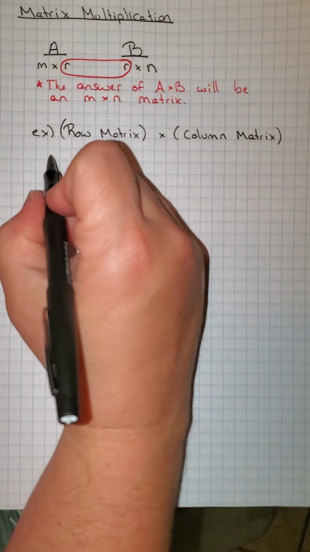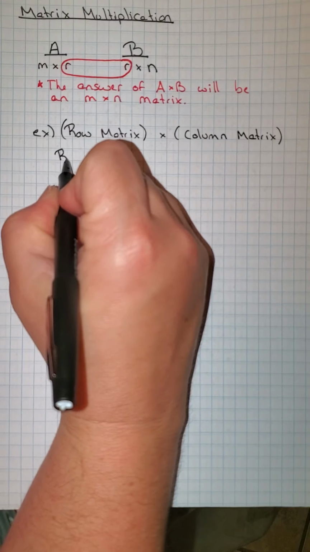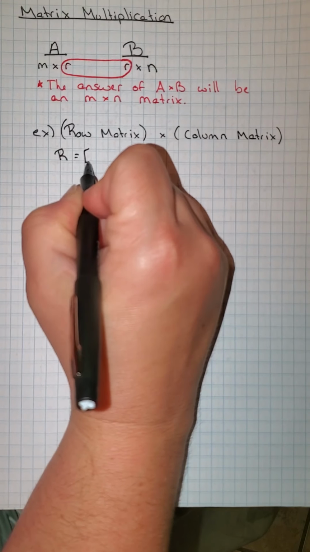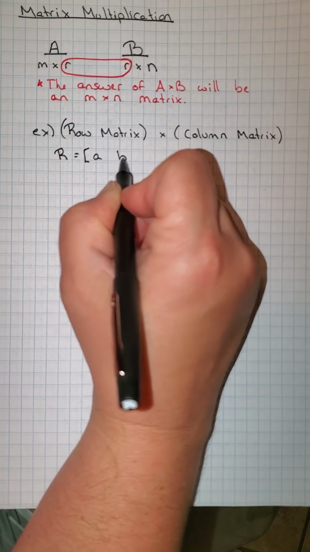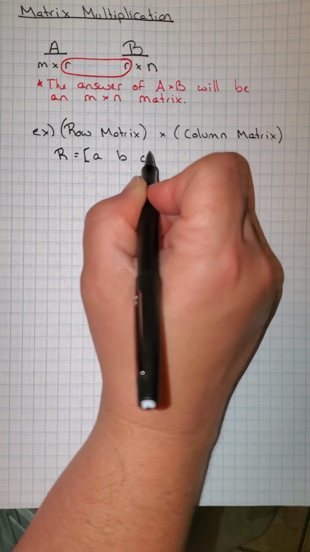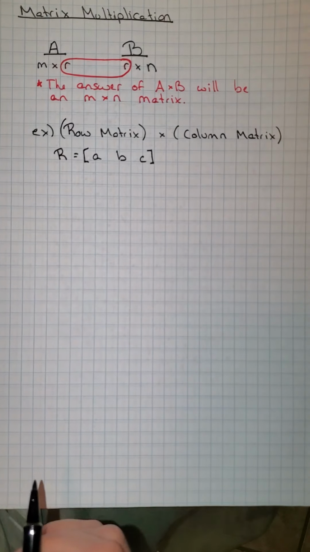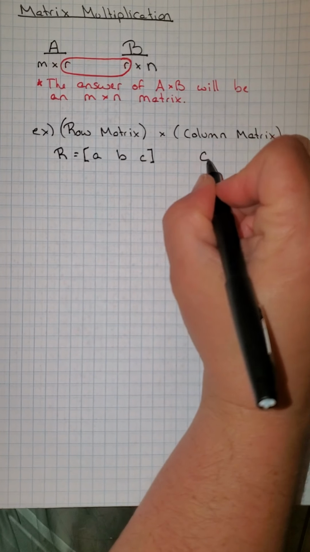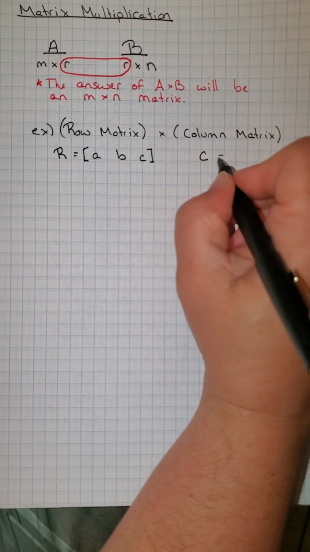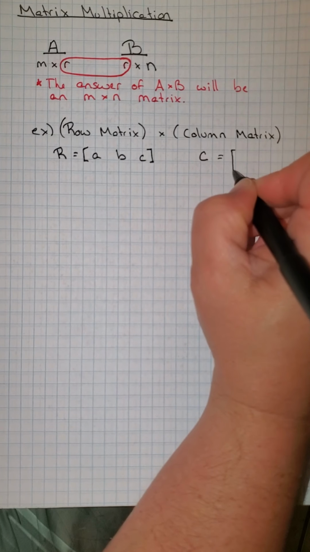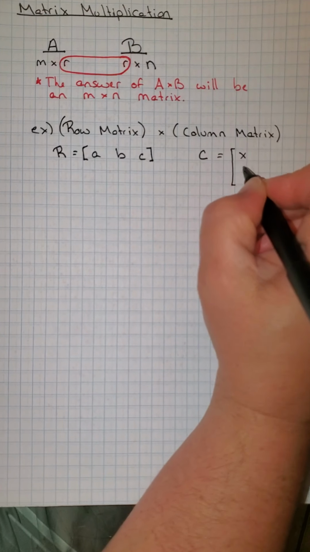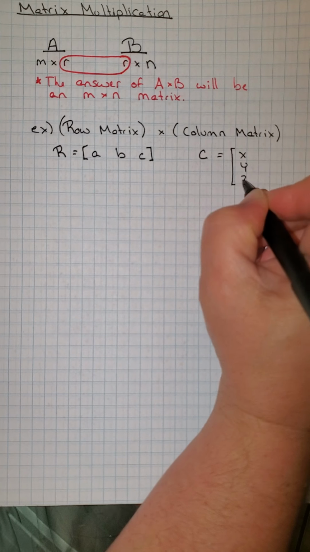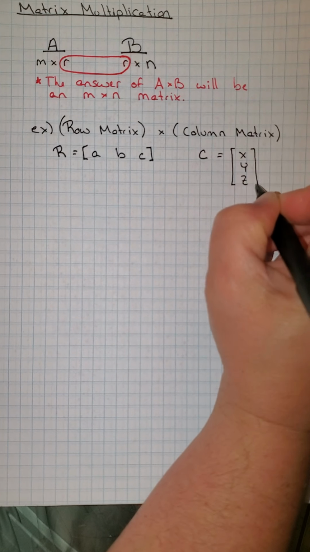Okay, our row matrix is something that's just a row. So we'll just call it A, B, and C. Okay, it is a 1 by 3 matrix. Our column matrix will be X, Y, Z. Okay, it's only a column.